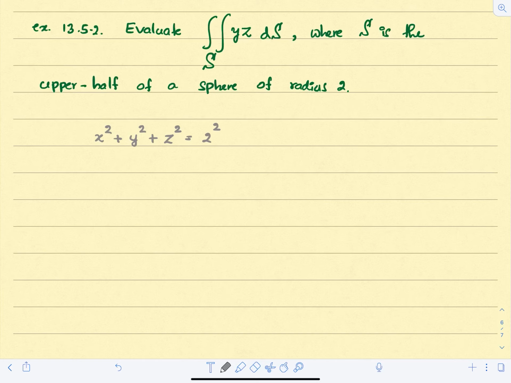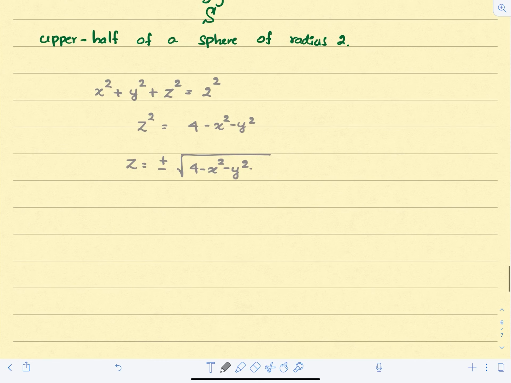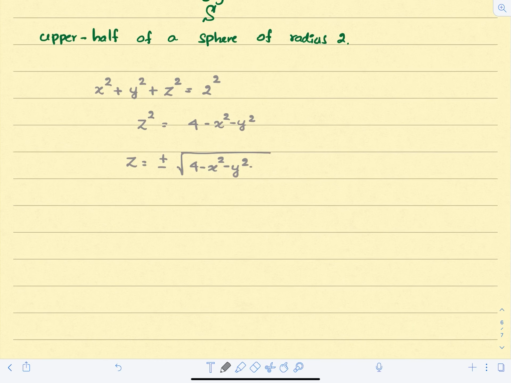To get that equation, first we need to solve for z squared. z squared equals 4 minus x squared minus y squared. Therefore, z equals plus or minus the square root of 4 minus x squared minus y squared. Now, since we consider only the upper half, where the z values are positive, we should consider the plus sign.